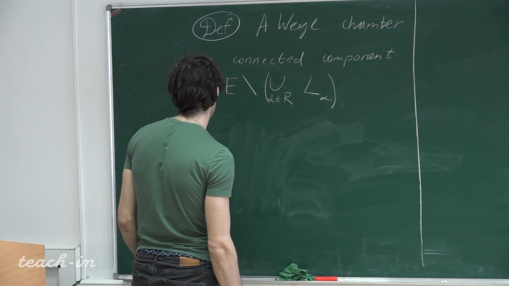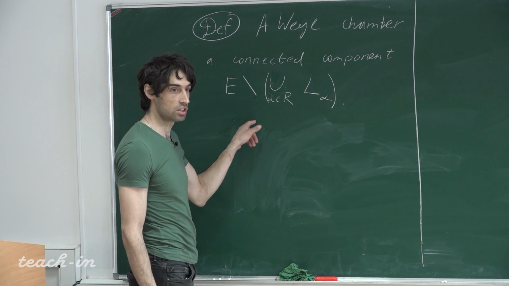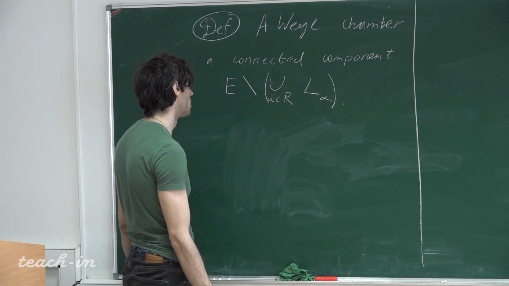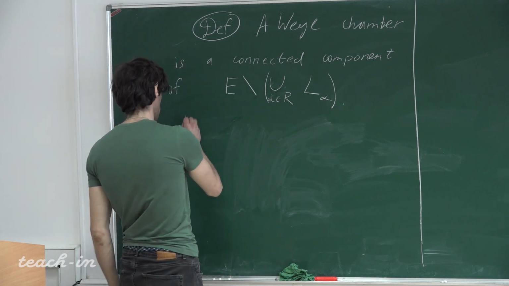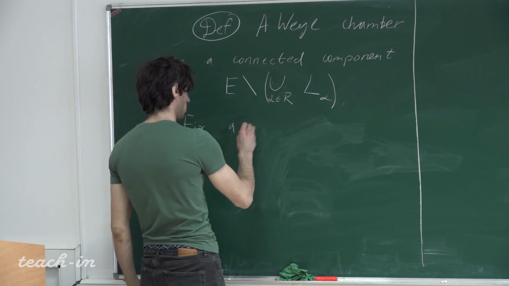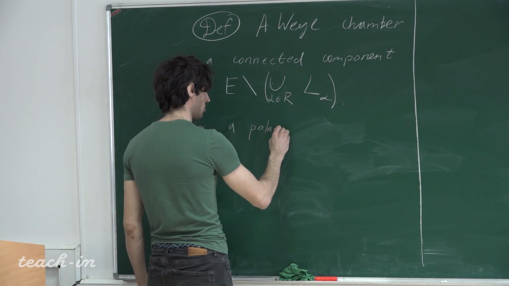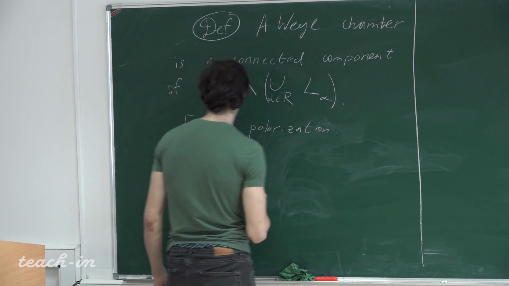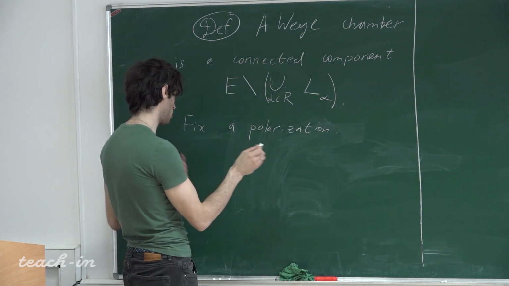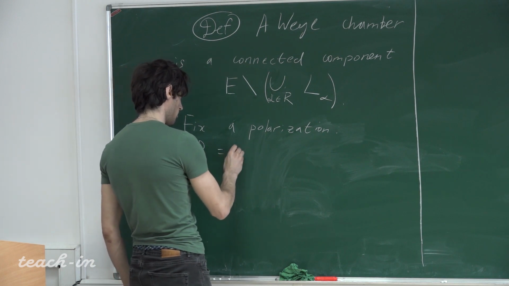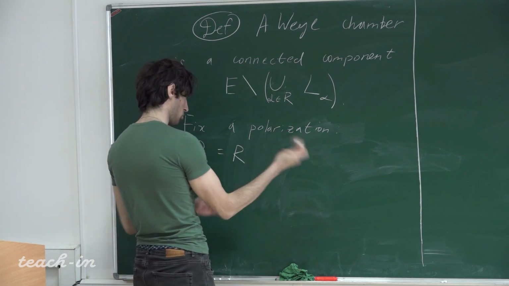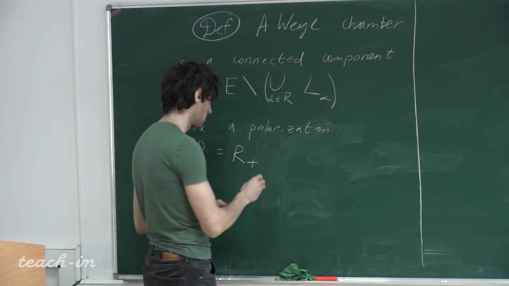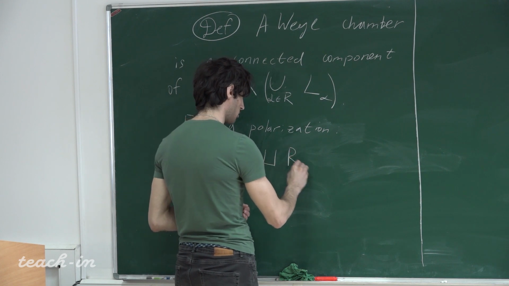There is a more explicit description of Weyl chambers. We can actually fix a polarization. Remember, polarization is a disjoint union of the root system into two halves. One half we call positive roots, and another half we call negative roots.